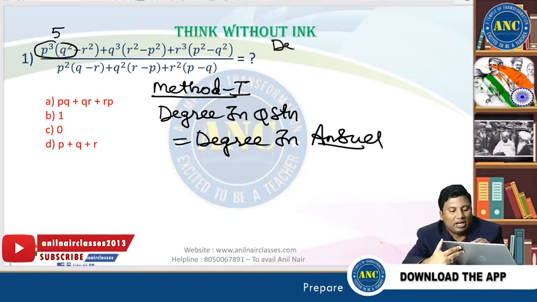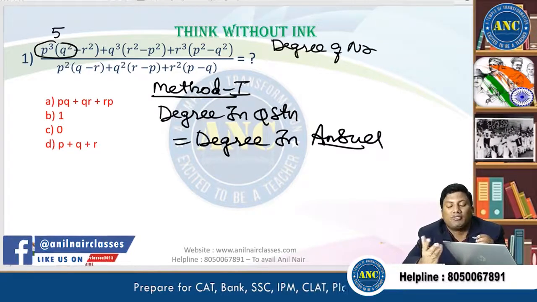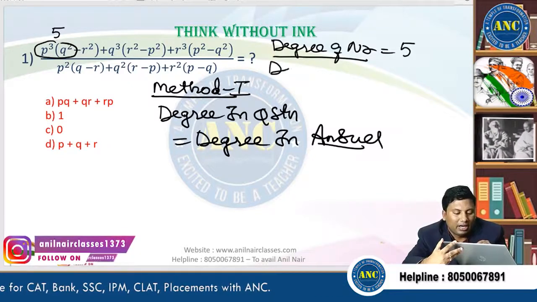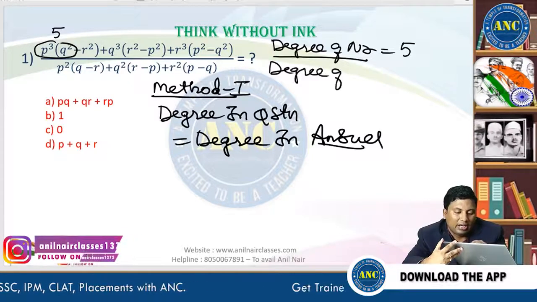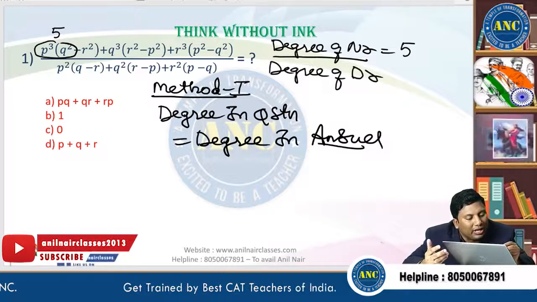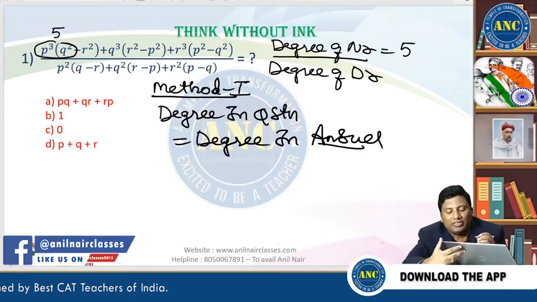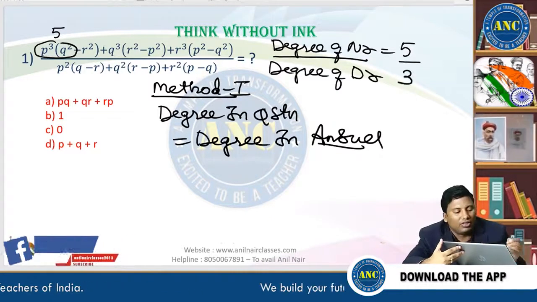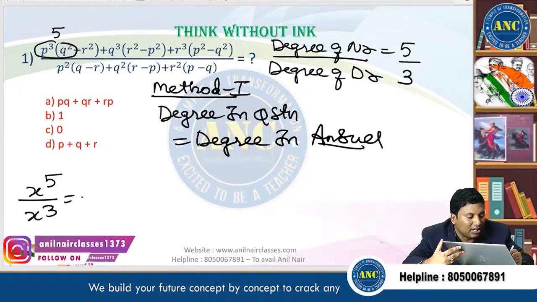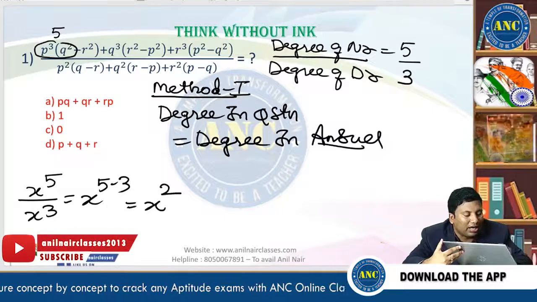That means degree of the numerator, maximum of 5, it is nothing but 5, divided by degree of the denominator, p square q, 2 plus 1, 3, all are 3, maximum of 3, it is 3. X power 5 divided by x cube is nothing but x power 5 minus 3, which is nothing but x square.